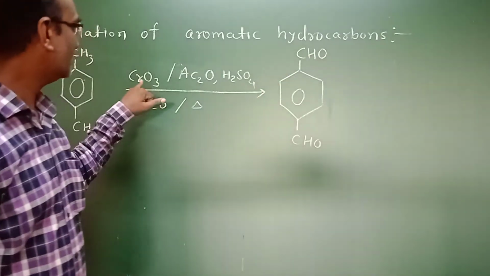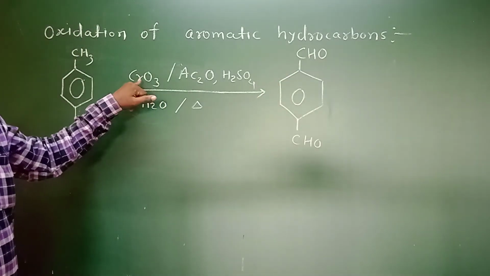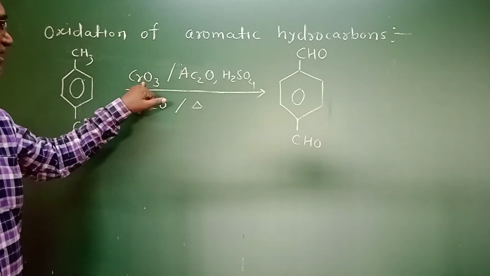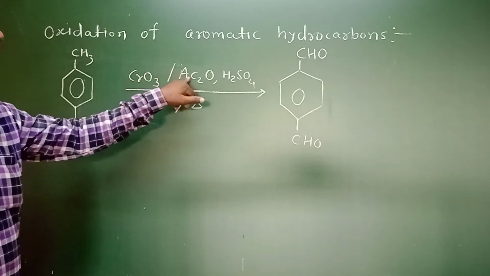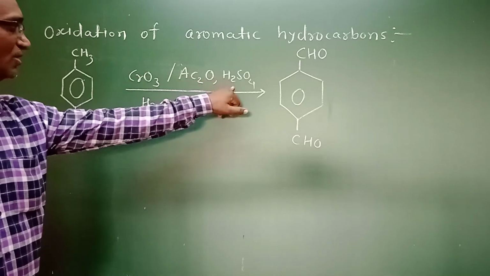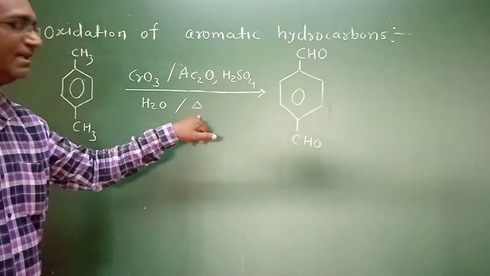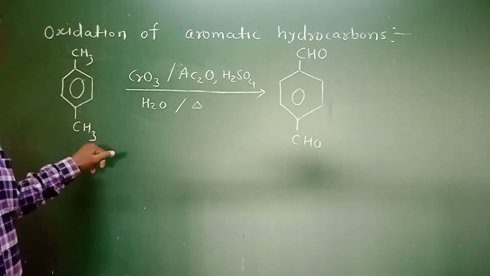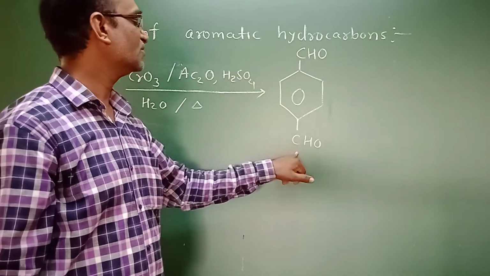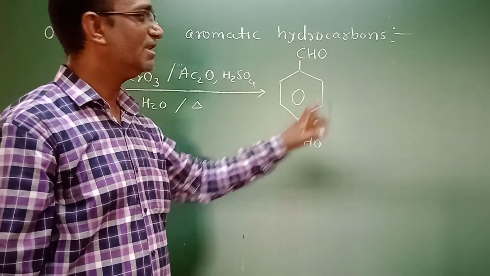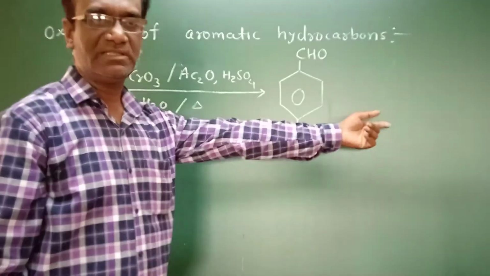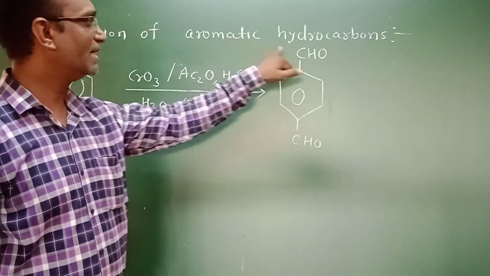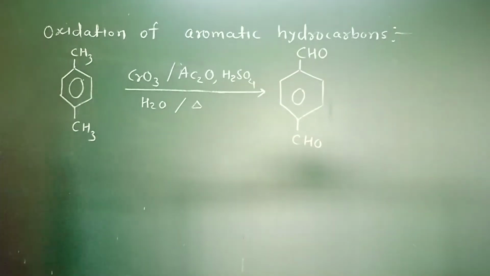But if we change the condition for oxidation, instead of K2Cr2O7, here we use chromium oxide, acetic anhydride, H2SO4 and heating. If we change the condition, this CH3 group will get converted into CHO. Now this CHO group will not be further oxidized to COOH in this reaction. The reaction stops when CH3 group gets converted into CHO.